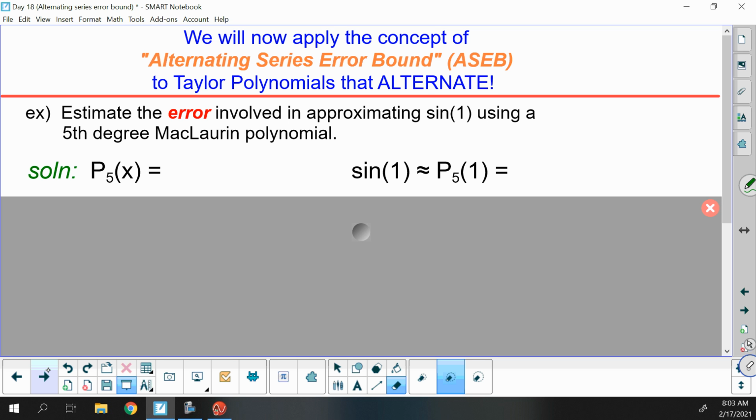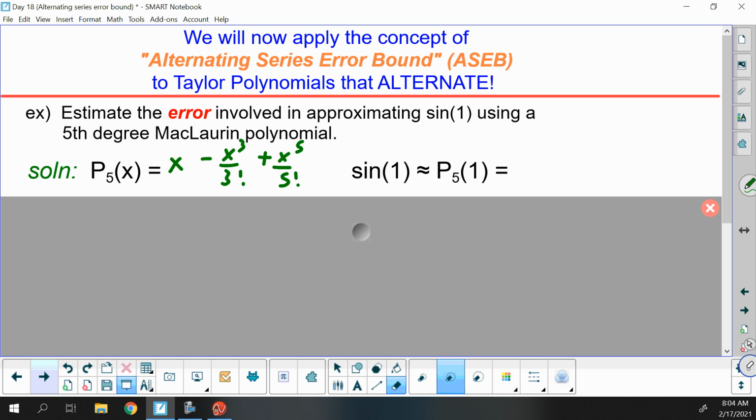So let's work with sine, and we want to find the error in approximating sine 1 with a 5th degree Maclaurin polynomial. Well, sine has odd powers, so we have x minus x cubed over 3 factorial plus x to the 5th over 5 factorial, and that's our 5th degree Taylor polynomial for sine.